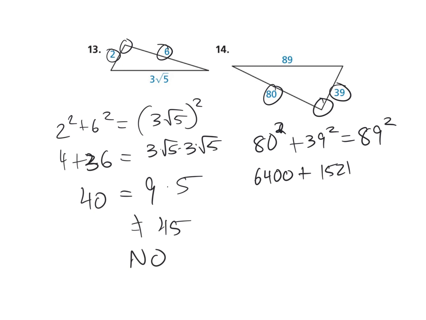So those two together make 7,921. Let me make sure that's right. 6,400 plus 1,521. Yeah, 7,921. That makes sense. And then 89 squared is 7,921. So yes, that's a right triangle.